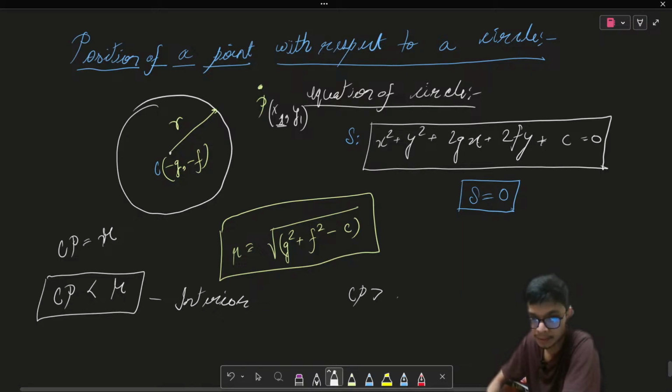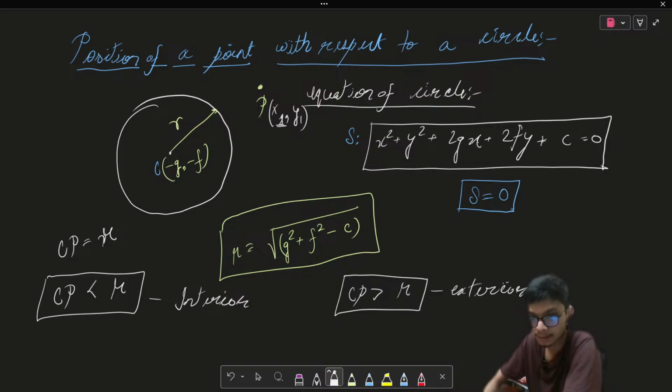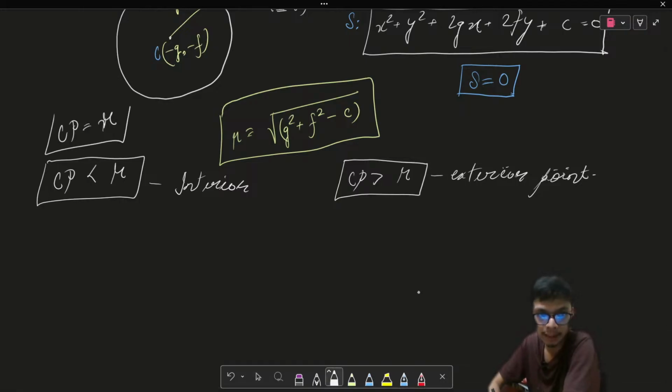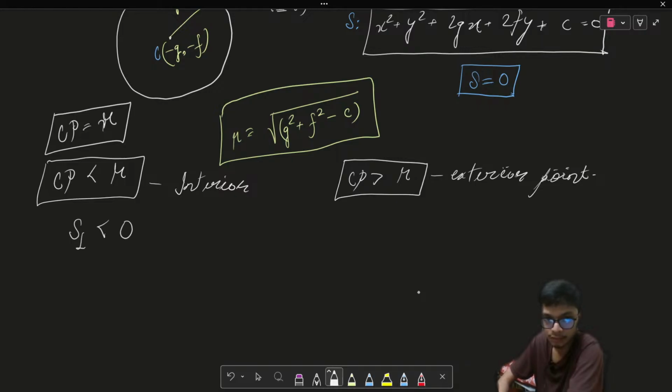And if CP is greater than the radius R, then it is an exterior point, right? Depending on these three conditions, I'm going to judge whether my point is lying outside or inside. So if I solve for CP less than R, the condition I will get is basically S1.